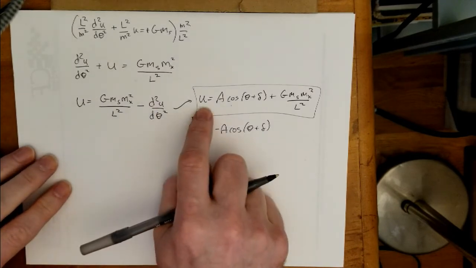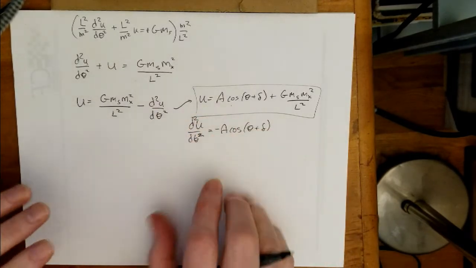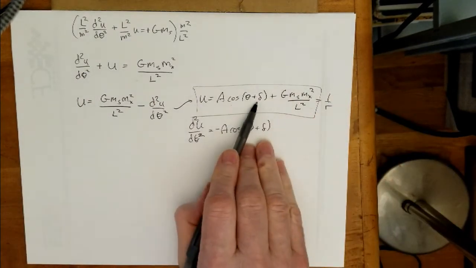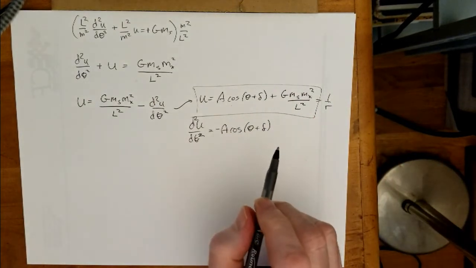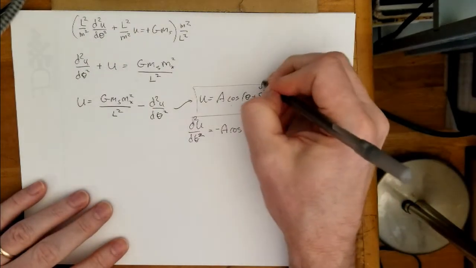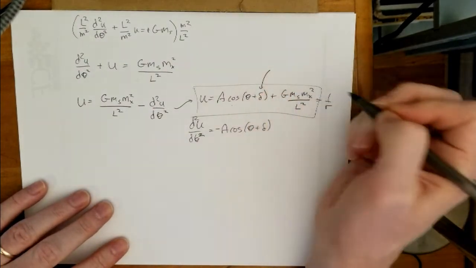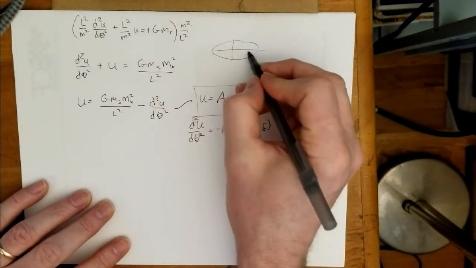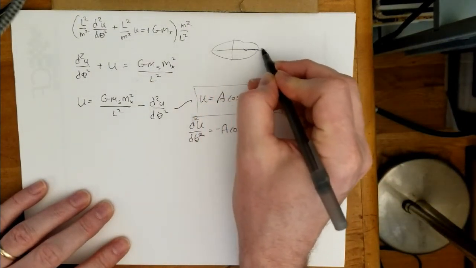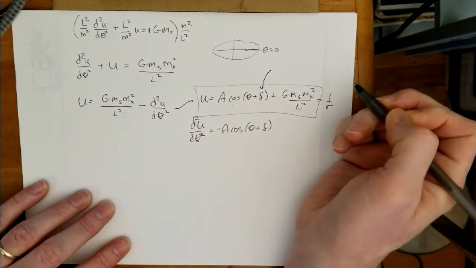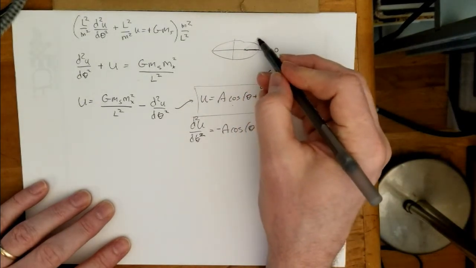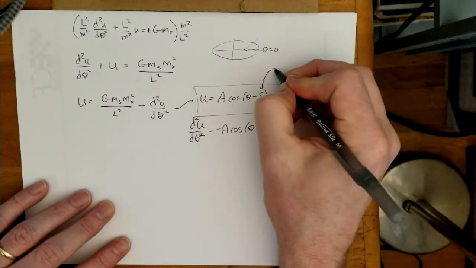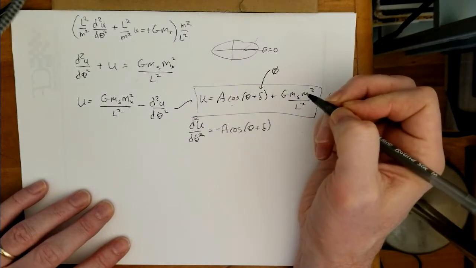So remember that this is 1 over r. Now this phase shift depends upon how we define our coordinate system. And so I'm going to define the coordinate system so that this is 0, so that theta is equal to 0 here, as opposed to starting theta equal to 0 some other place. It's just convenient. So this is coordinate system dependent, and I'm going to make that 0.